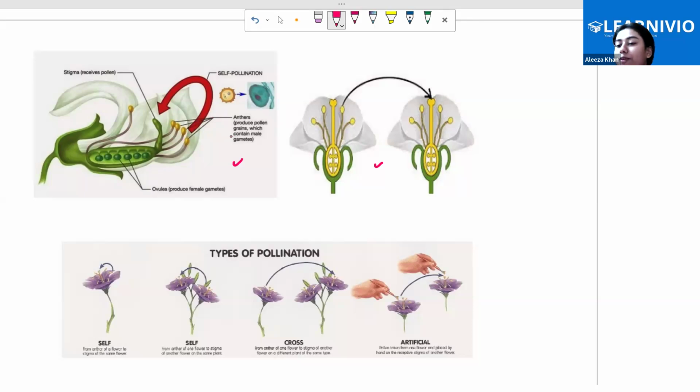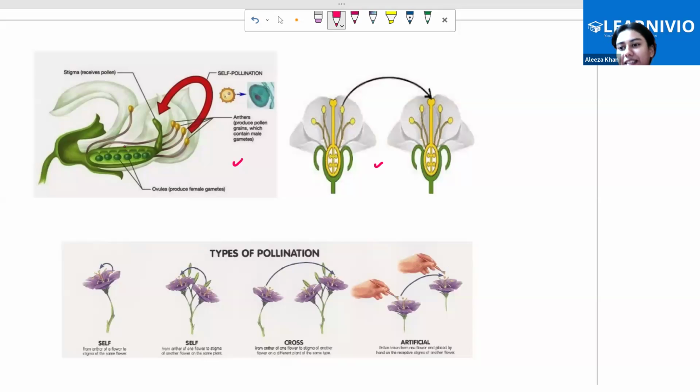So which one is bisexual and which one is unisexual among them? Unisexual is the first one, bisexual is the second one. Are you sure the first one is unisexual? What is the difference between unisexual and bisexual? The first one is bisexual, the second one is unisexual.